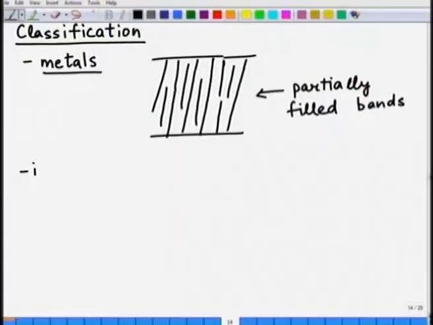Second, therefore, I will start looking at what is an insulator. You already know an insulator is a material which has very, very low conductivity. It cannot conduct. So, what does that mean?